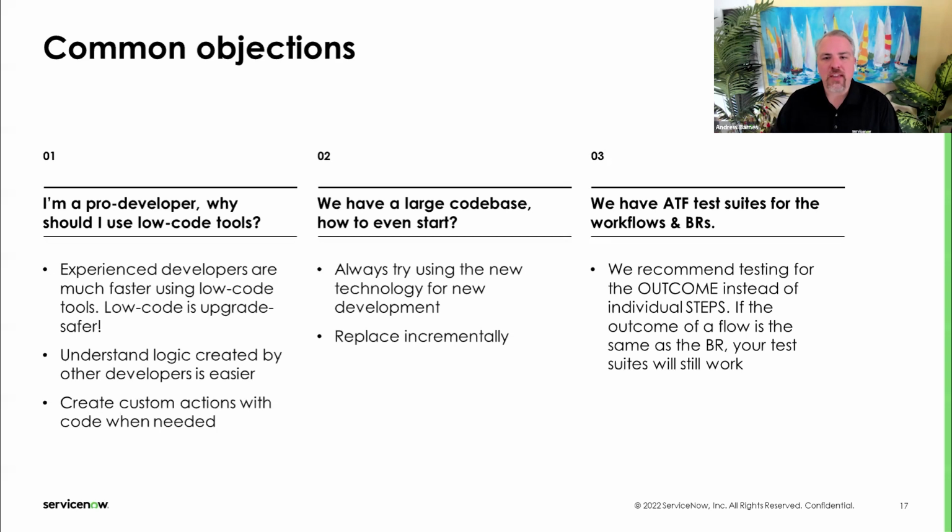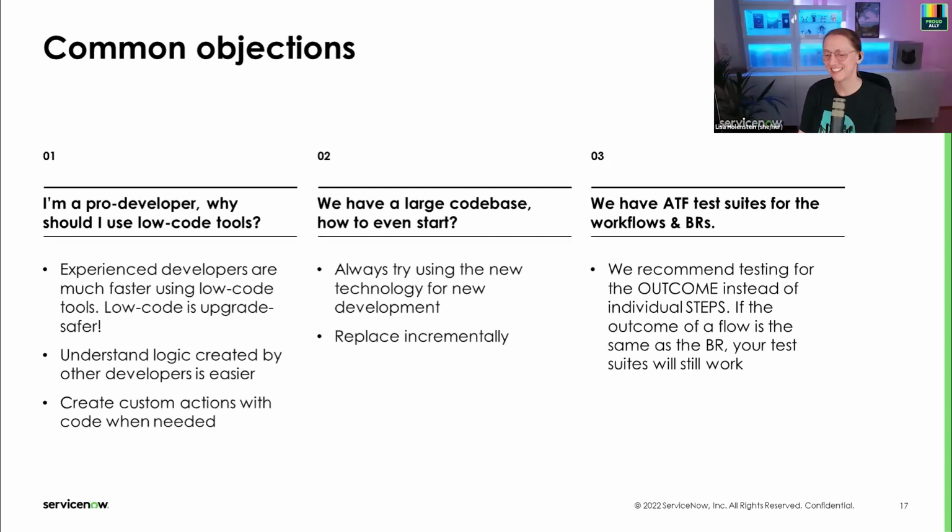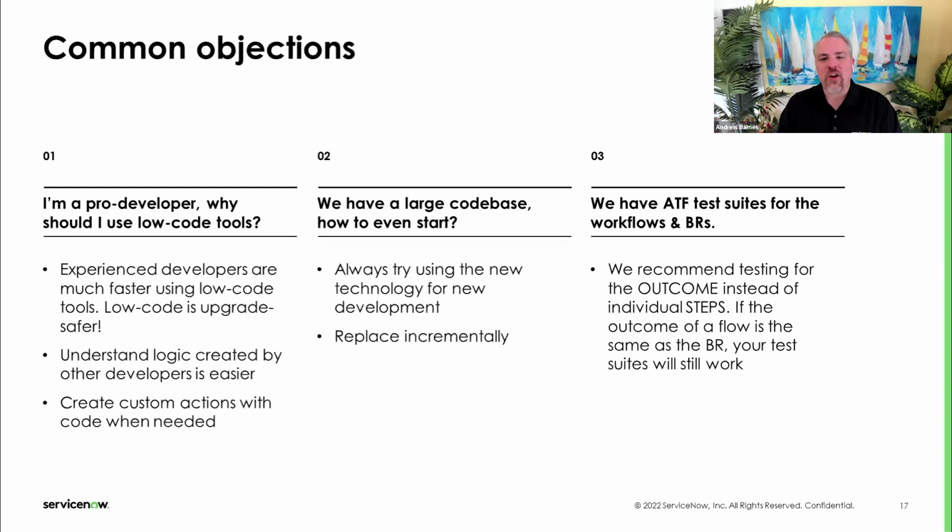So looking at the ATF test suites for workflows and business rules, we've covered ATF quite a few times here on the Platform Academy in the earlier sessions. I think our first one, which is our anniversary one coming up, covers some of this, which is you want to test for outcomes instead of individual steps. And so ATFs that are designed that way will actually continue to work for you after this migration.